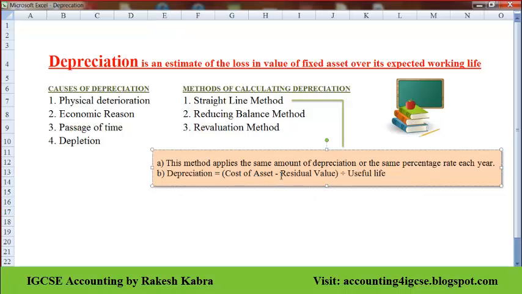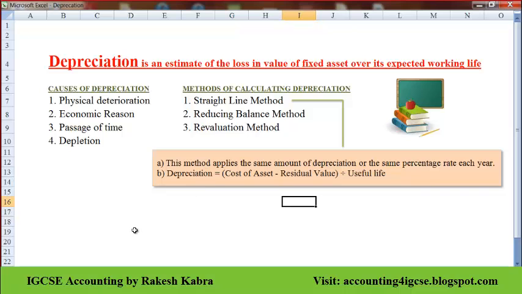If residual value is given in the question, then we subtract that. Whatever value we get, we divide by the useful life of the asset, and we get the yearly depreciation, that is, how much amount we need to charge for depreciation every year.